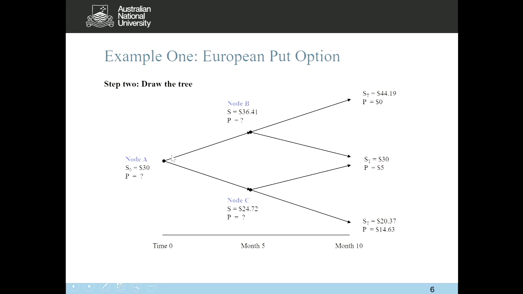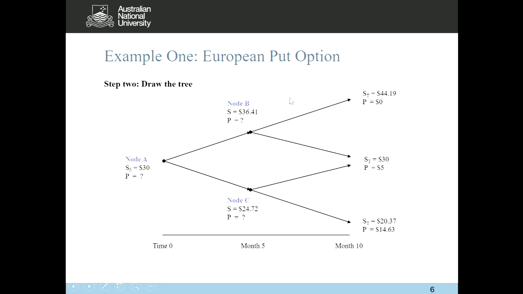So we take that 30, we multiply by 1.21367, and we get a share price up here, 36.41, right? And the way we get the share price down here is we simply take the $30 price, then we multiply by the d, which is the proportional decrease. That's 30 multiplied by 0.8239. Then we get a share price down here is 24.72.